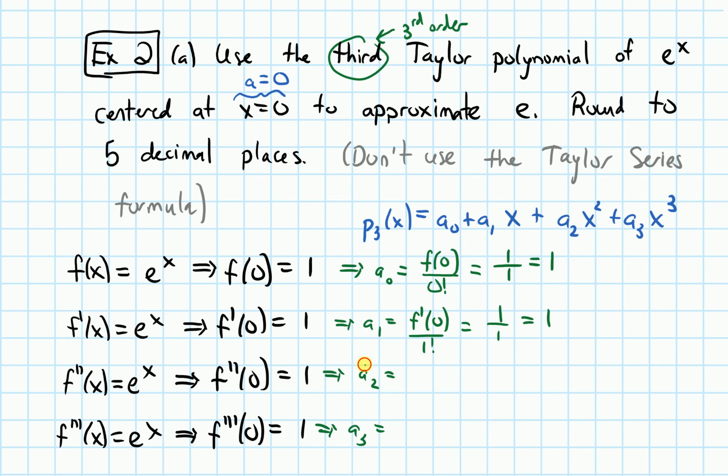a2 would be the second derivative evaluated at 0, but now divided by 2 factorial. So plugging 0 into the second derivative, we got 1, so that's the numerator. 2 factorial is 2. Okay, so we just have 1/2 there. And a3 is going to be the third derivative evaluated at 0, divided by 3 factorial.